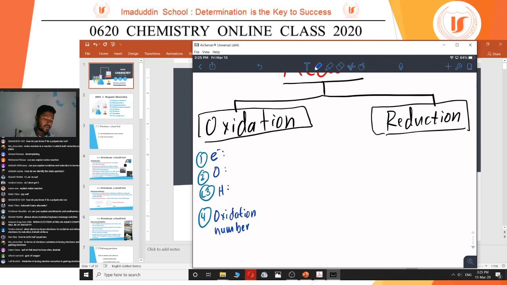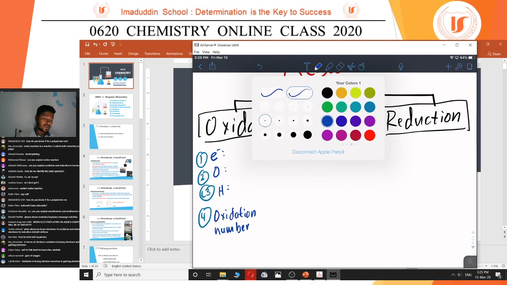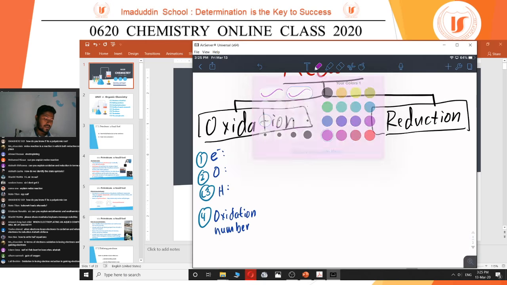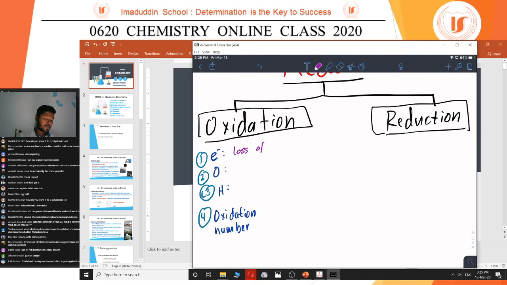So if it is oxidation, we say oxidation is loss of electron. It is addition of oxygen, or the opposite for hydrogen, which will be the removal of hydrogen.